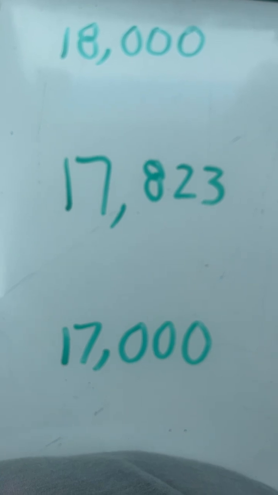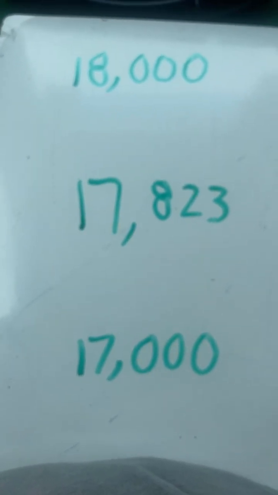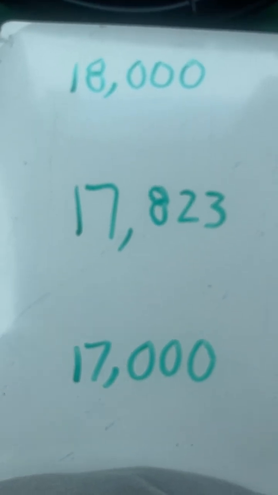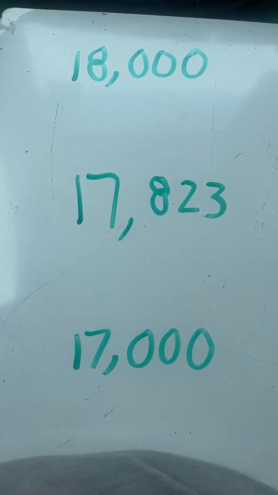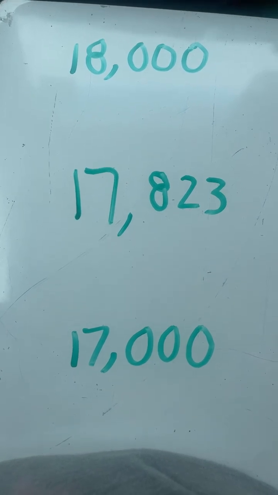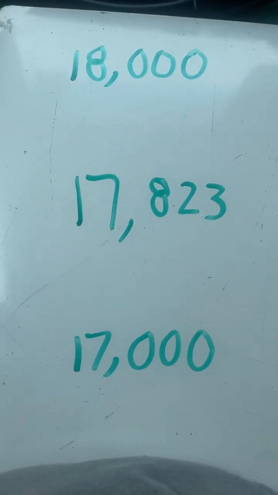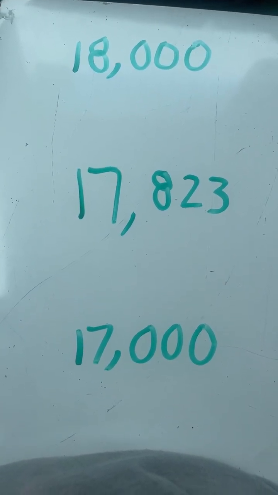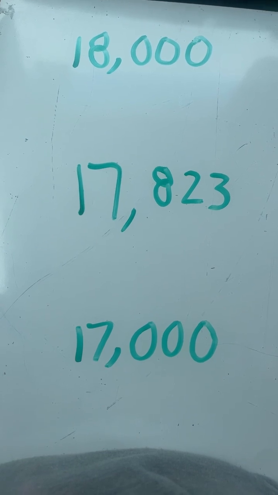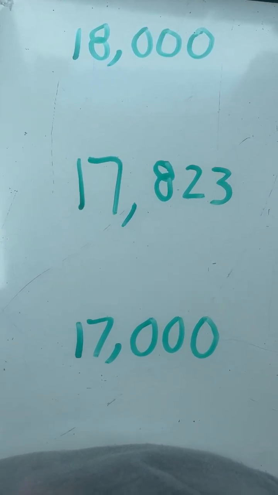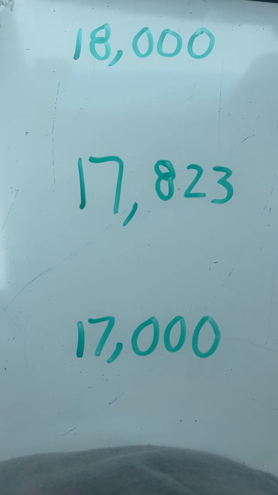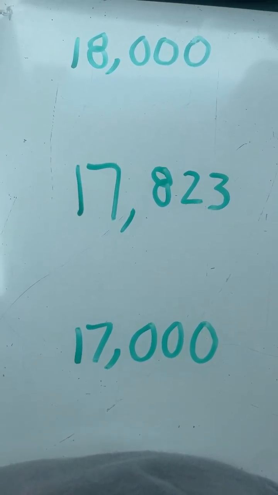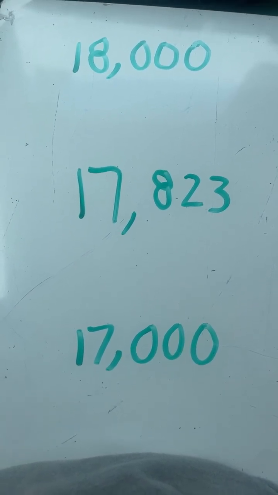Put a 1 in the chat if we need to round down. Again, the goal for this video is to round to the nearest thousand. I'm going to respond on the video around the 8-minute 50-second mark. Put a 2 in the chat if you think we round up to 18,000. Put a 1 in the chat if you think we round down to 17,000.